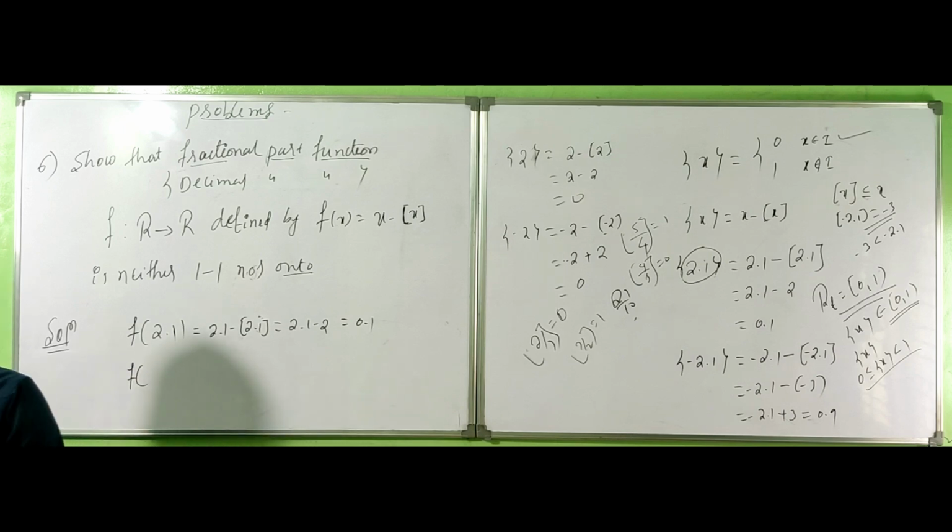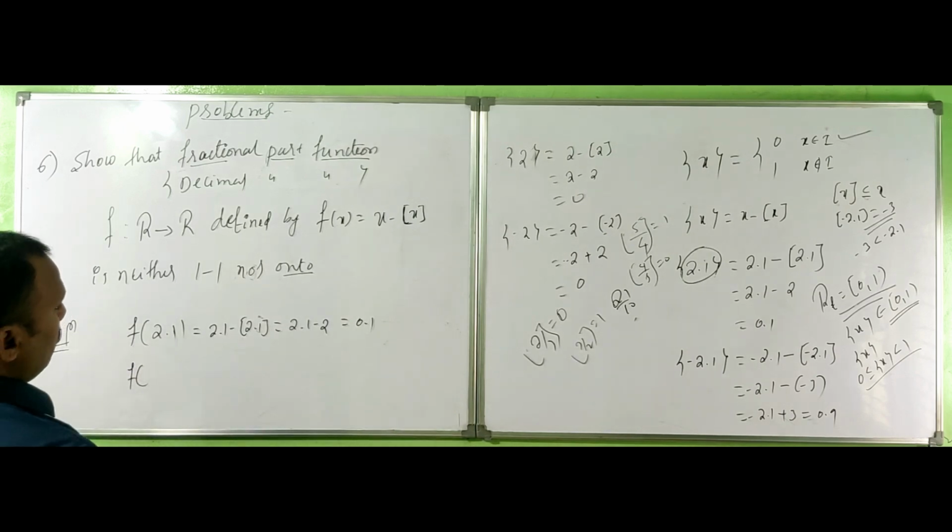Again, f of the next value. It's neither 1-1 nor onto. Neither 1-1 means you should take the many-one function.